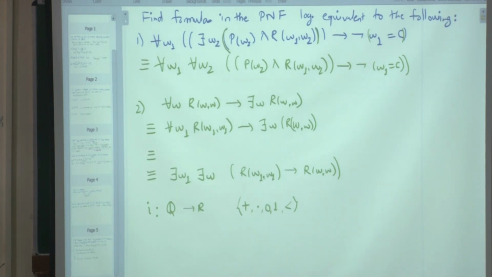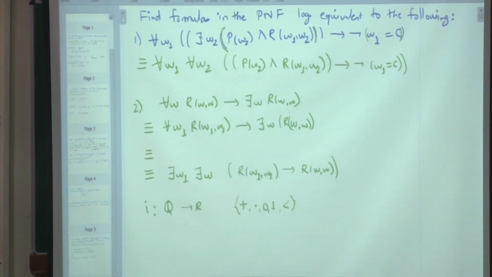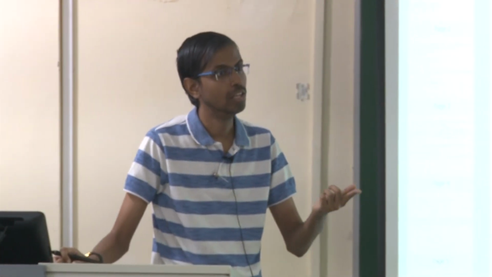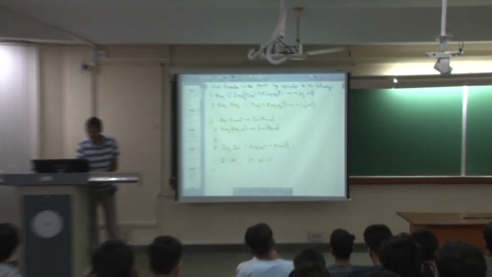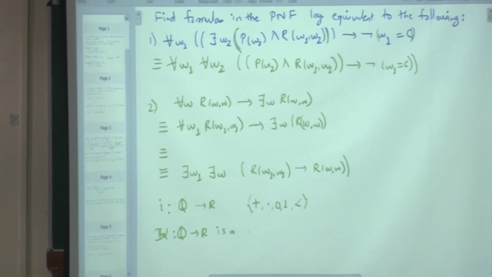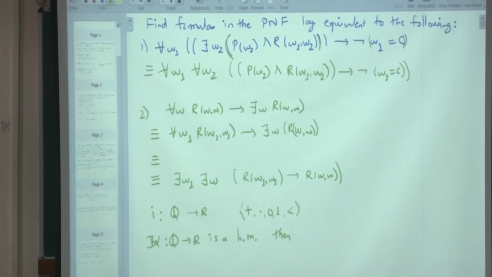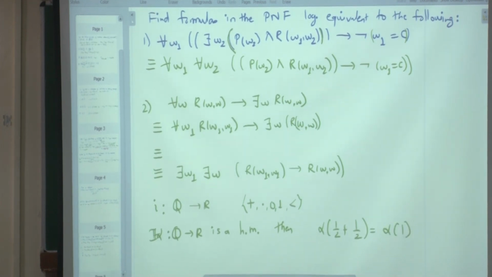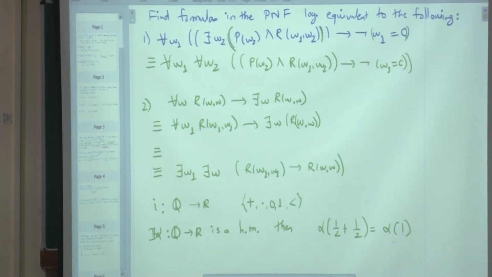Exactly. If 0 goes to 0, 1 goes to 1, then where will half go? Half plus half is 1. So therefore, if it is a homomorphism, it must preserve addition. So if alpha from Q to R is a homomorphism, then alpha of half plus half is equal to alpha of 1, and this is equal to 1, and this is what?